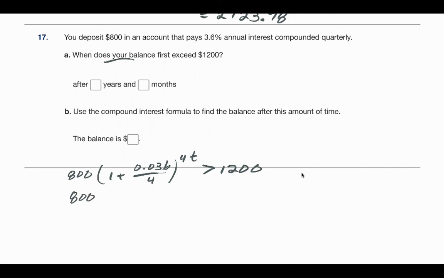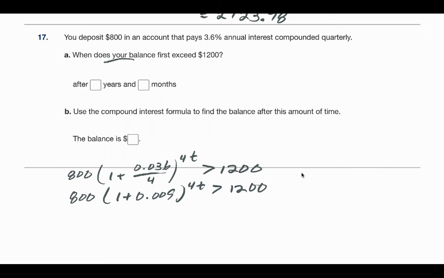And again, I'm going to just go ahead and plug this as 1 plus, and you'll see it's 0.009 for t, and again, we're going to say it's still greater than $1,200.